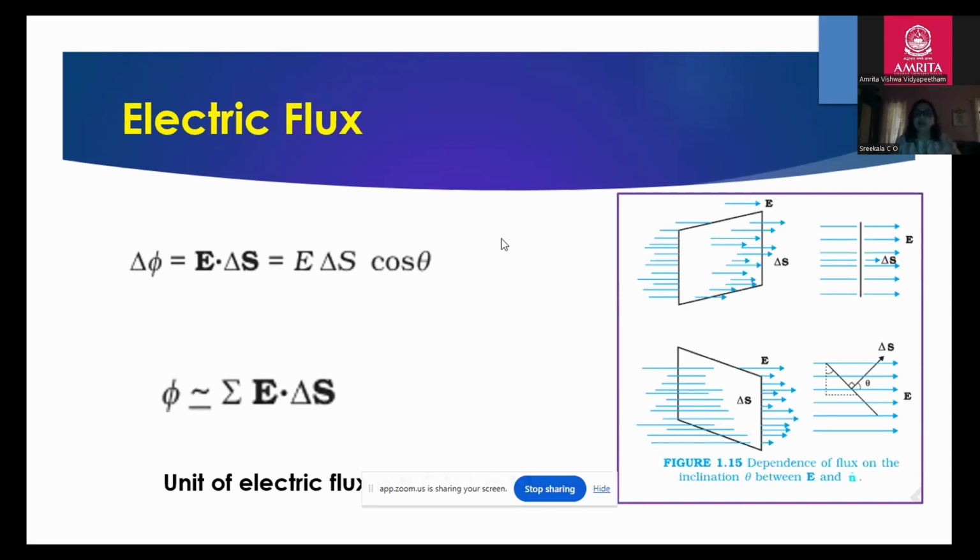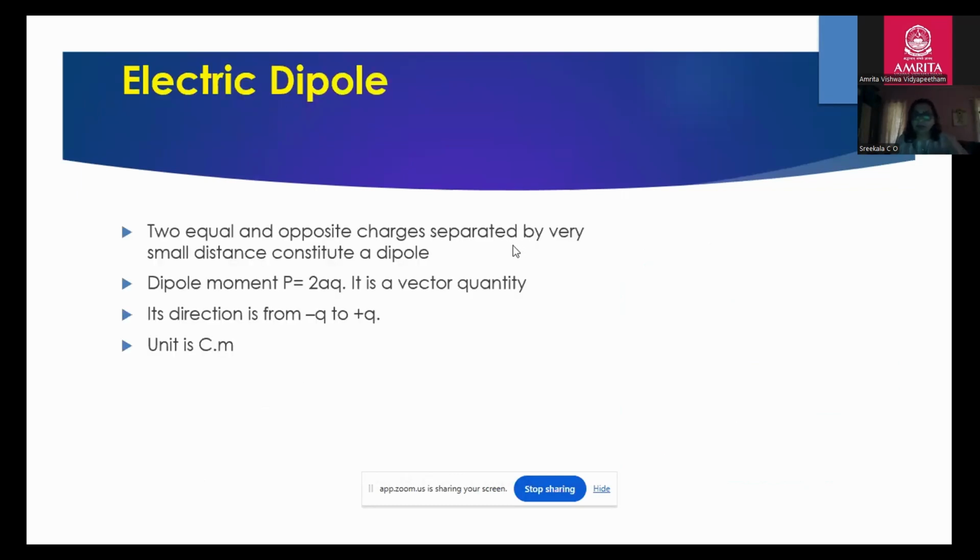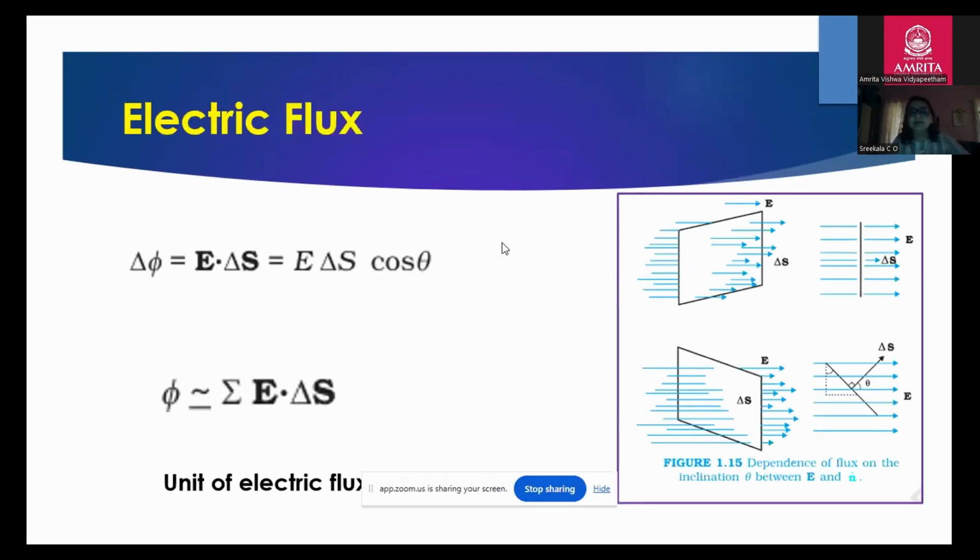You can look at this figure. Here is the electric field E, and this rectangular portion is the area. Can you see my pointer?